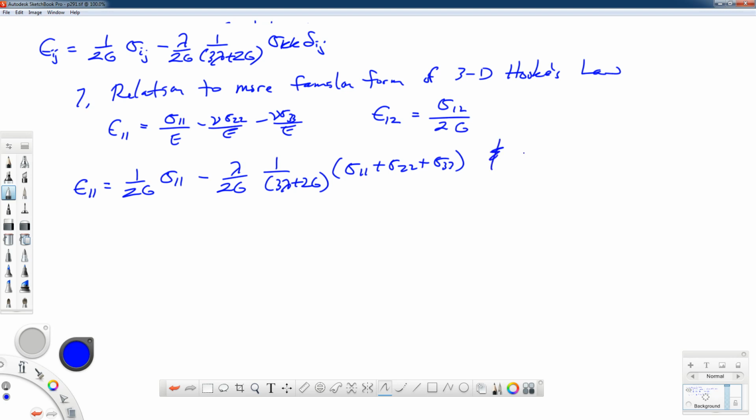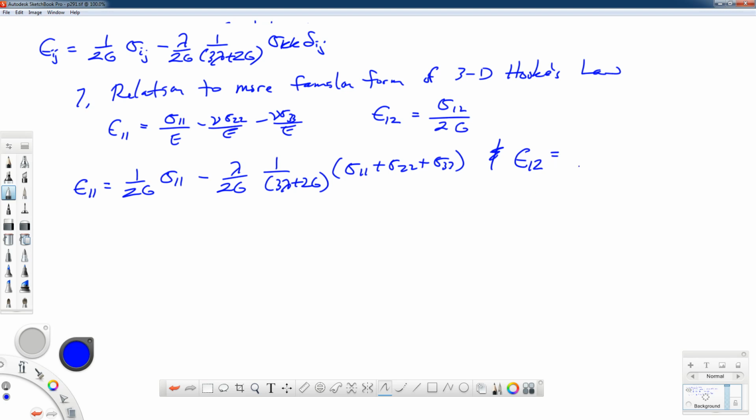Now we do have terms like epsilon 12. Remember, these are tensor strain components, not engineering shearing strain components, gamma. So these are tensorial shearing strain components. They're half as much as the gamma engineering shearing strain.